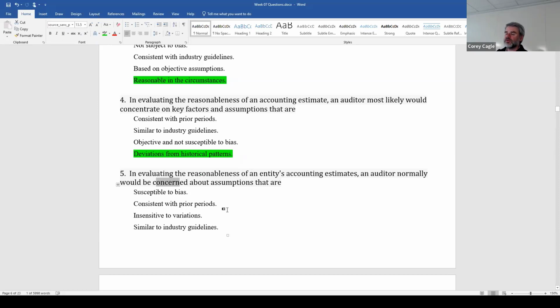I'd be concerned about assumptions that are susceptible to bias. Will I be concerned about one that's consistent? No. One that's not sensitive to variations? No. One that's similar to industry guidelines? No. So 5 is a better question. It's pretty much the same question as 4, just worded better.